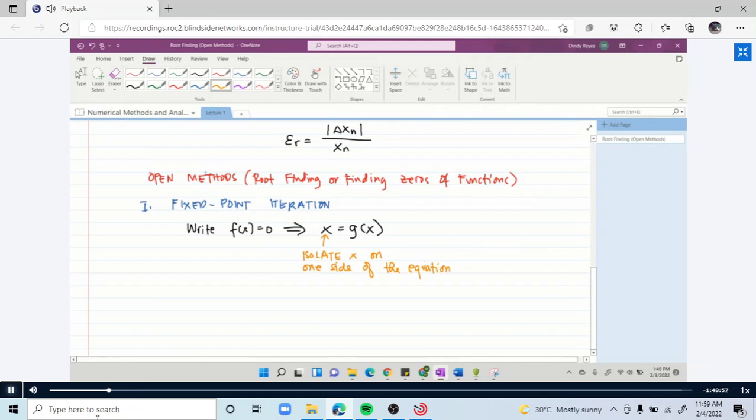Because that will be the formula that we'll be using to find the roots of the equation, or to find the zeros of the function. So our formula will be based on that equation. Our formula is in the form x sub n plus 1 equals g of x sub n. Okay, so this is the formula that we are going to use.